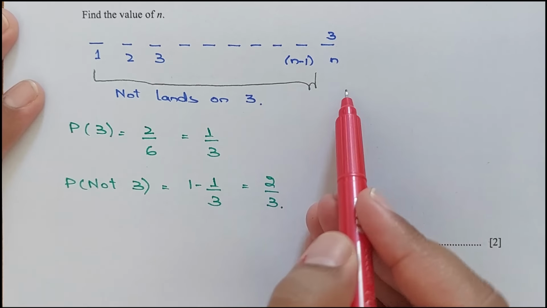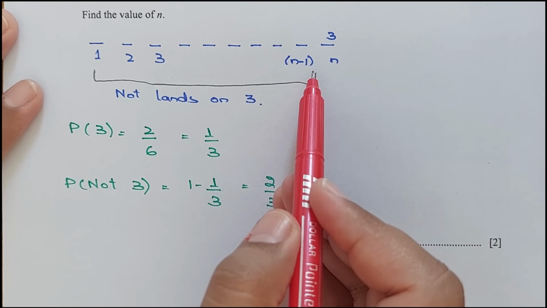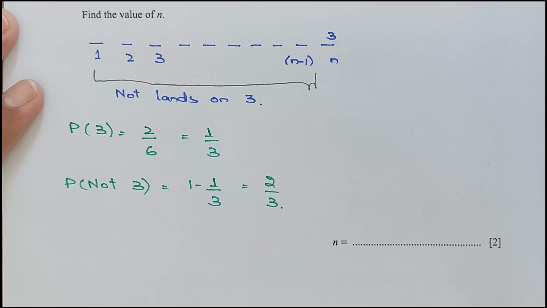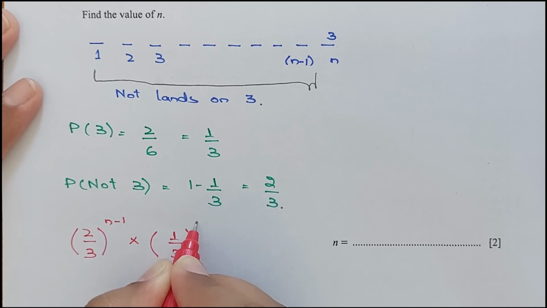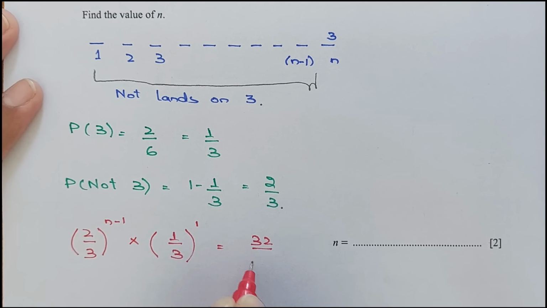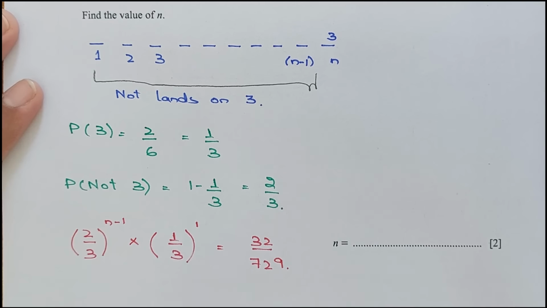From 1 to n minus 1 roll, it is not landing on 3, with probability 2 by 3, and on the nth roll, it is landing on 3, with probability 1 by 3, just one time. This probability is 32 out of 729. I hope this makes sense now.